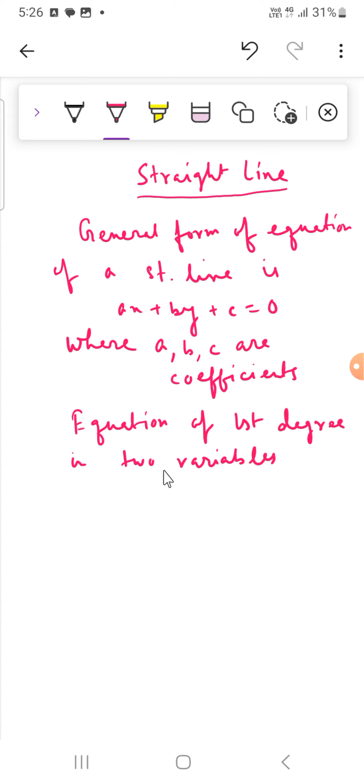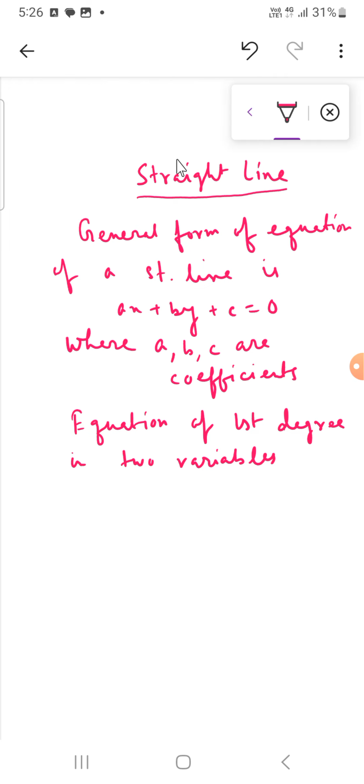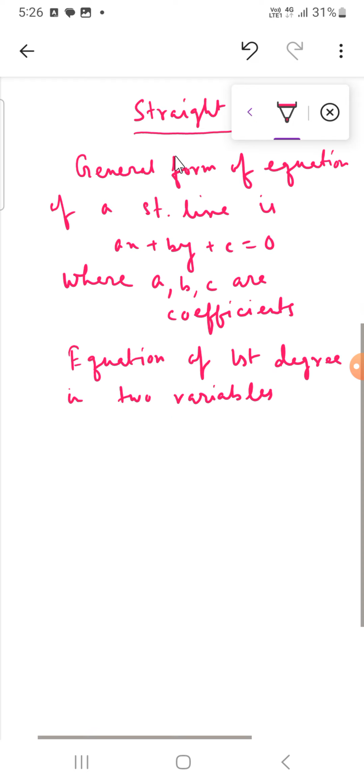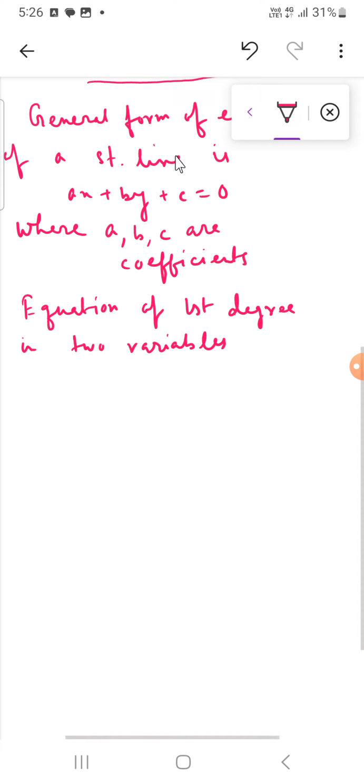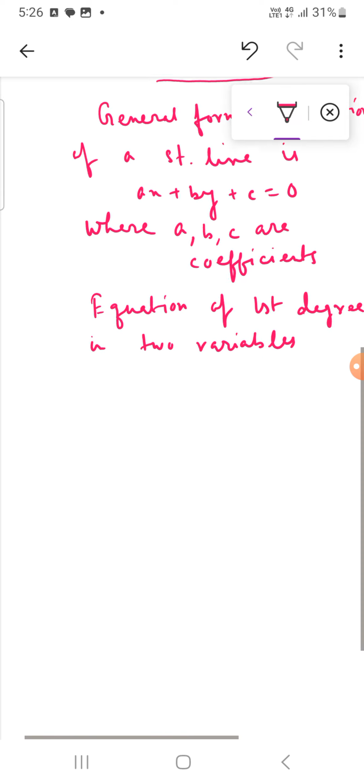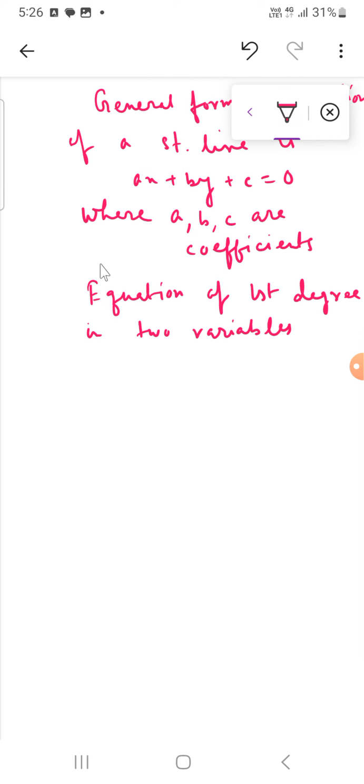Here is how we can prove that the equation of a straight line is ax plus by plus c. Let us take a Cartesian plane.